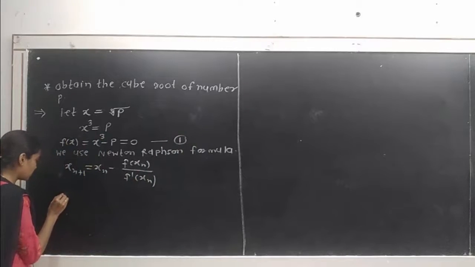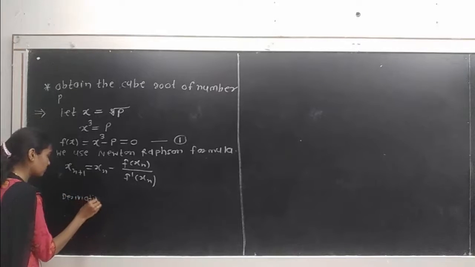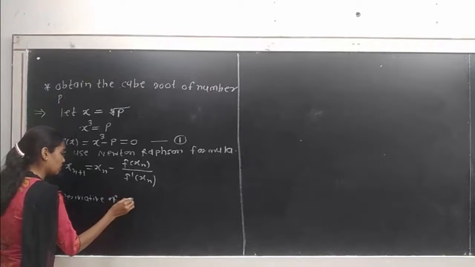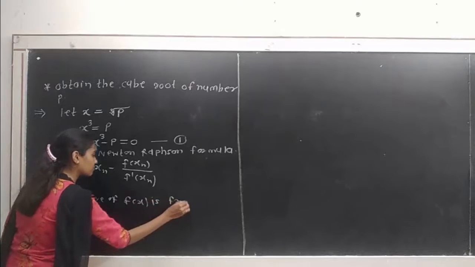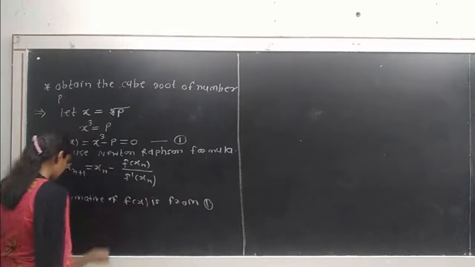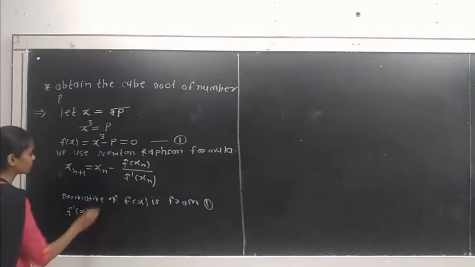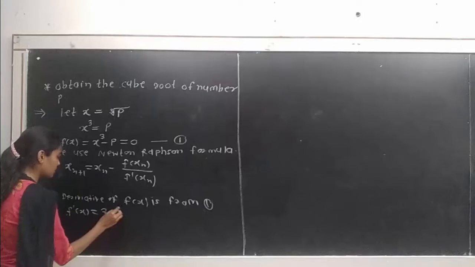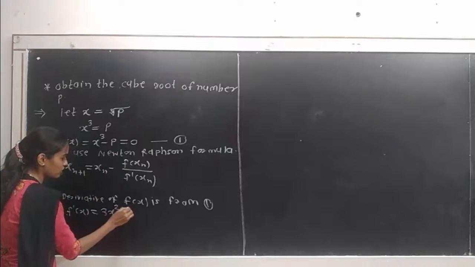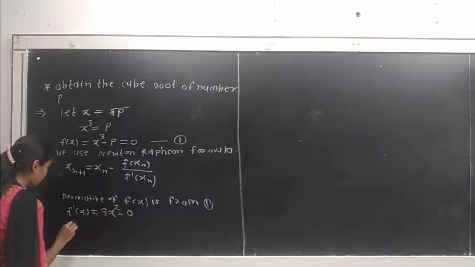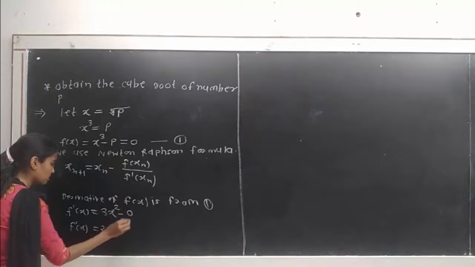Then the derivative of f of x, from 1, we get f dash of x is equal to 3x square minus the derivative of p, which will be 0 because p is a number. So we get f dash of x is equal to 3x square.